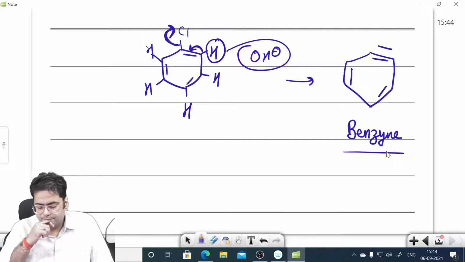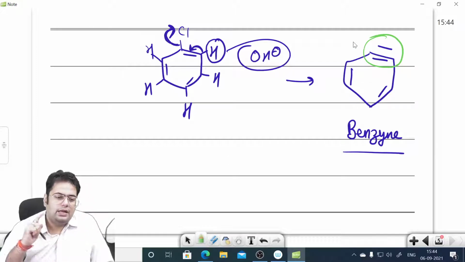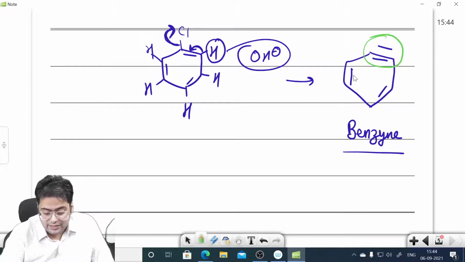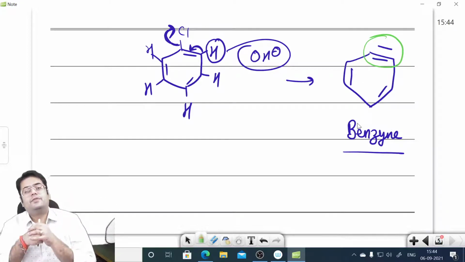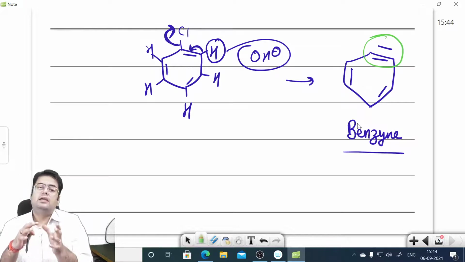Now let me tell you, as this benzyne contains this triple bond, it actually makes this structure linear. This part is linear, the other two are planar, and benzene really wants to remain planar, so that the property of aromaticity will remain with this benzyne.